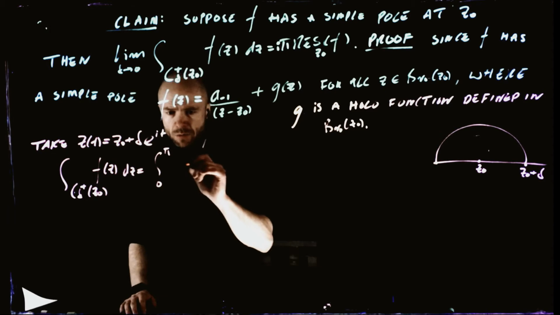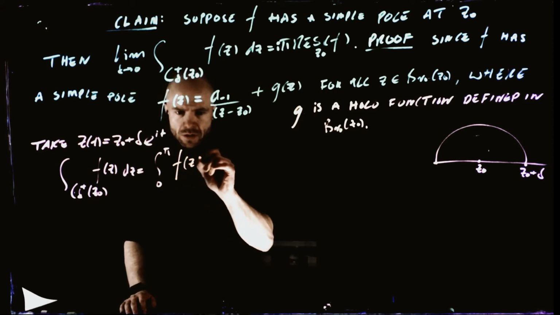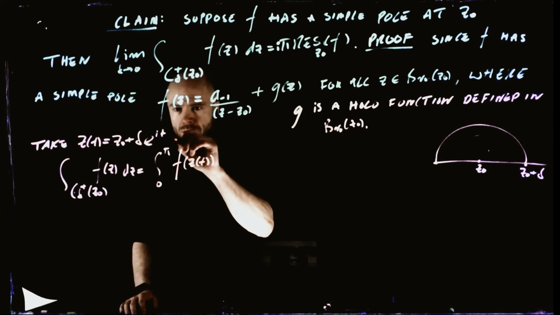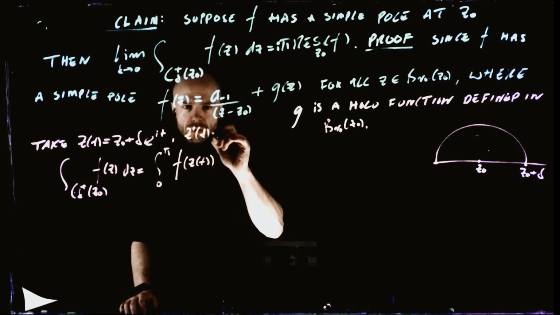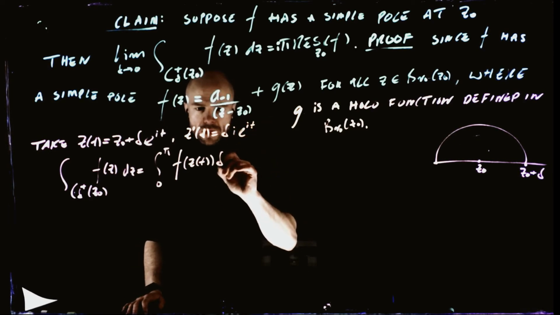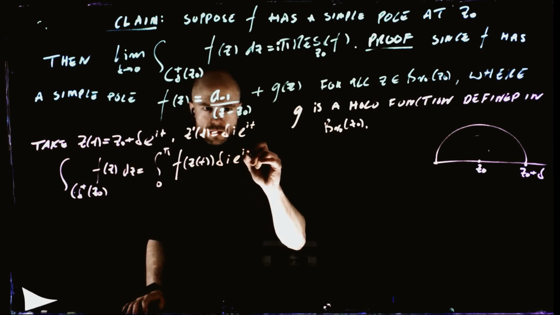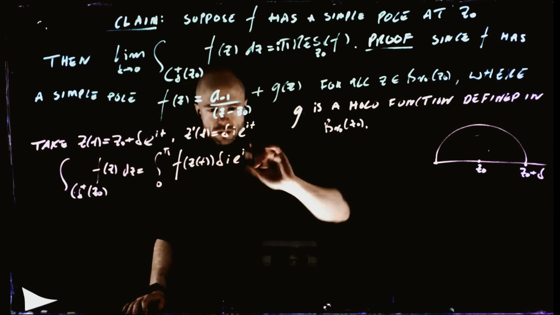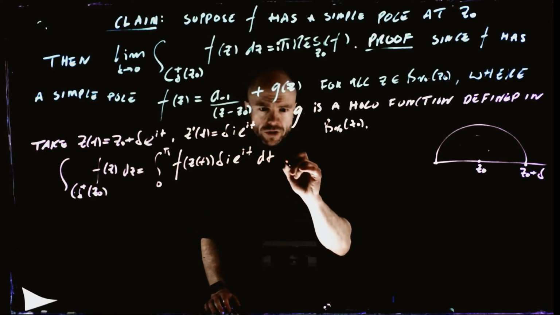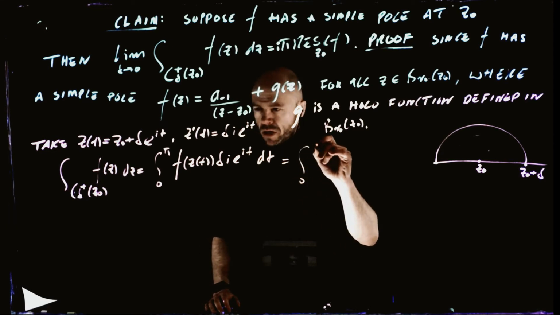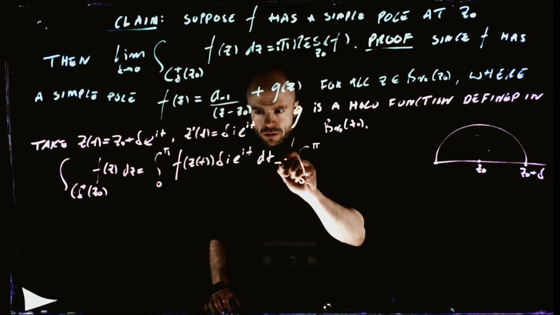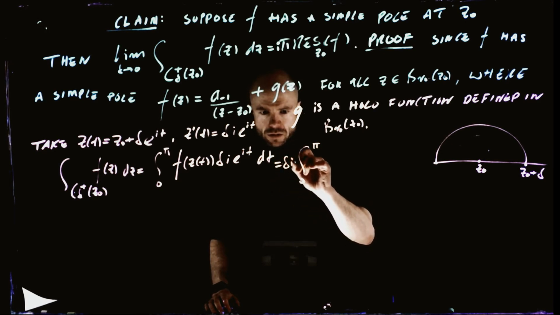Yeah, so then we're going to have f of z of t, and then z prime of t. Z prime of t is equal to delta i e to the it, dt. And let's put in what our explicit form of f is. So this is the integral from 0 to pi. I think I want to pull out the i and the delta. Why not?